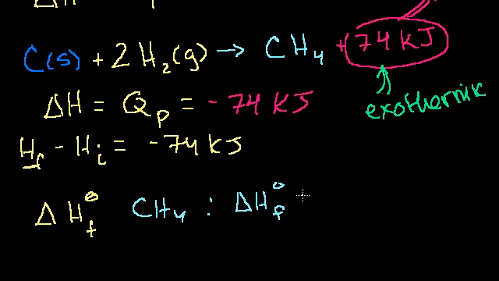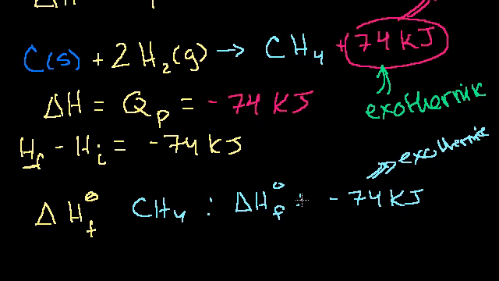Well, we just learned what the delta H of that reaction was. It was minus 74 kilojoules, which means that if you form methane from its elemental building blocks, you're going to release 74 kilojoules of energy. This is an exothermic reaction. Because you released heat, you can also say that the methane is in a lower energy state, or it has lower potential energy than these guys did.